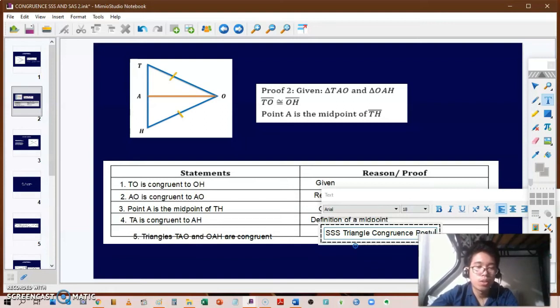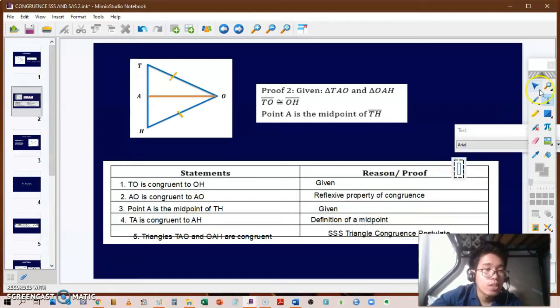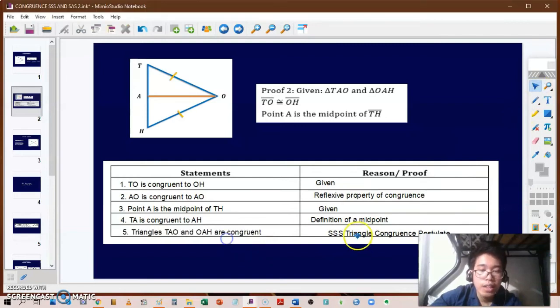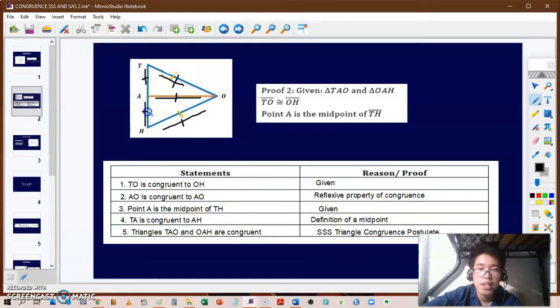We've already proven, or it's given, that TA is congruent to AH, and by the reflexive property AO is congruent to AO, which is the side both triangles share, and also TO is congruent to OH. Therefore, based on the triangle congruence postulate, triangles TAO and OAH are congruent.